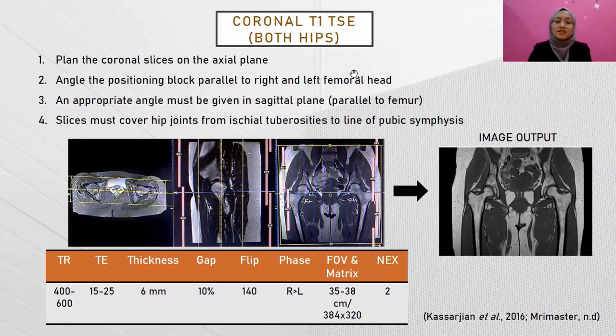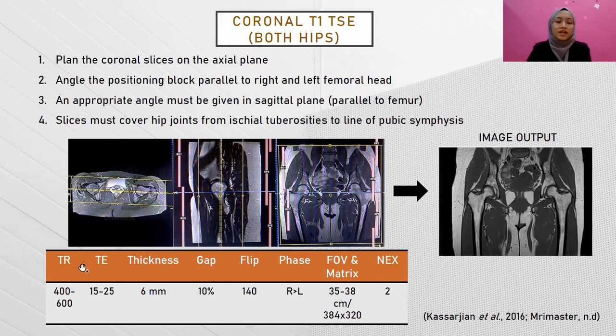The image appearance will look like this. As it is a T1 sequence, the bone that is filled with fatty marrow will appear bright, which is hyperintense, while the structure that is filled with fluid will appear dark, hypointense.